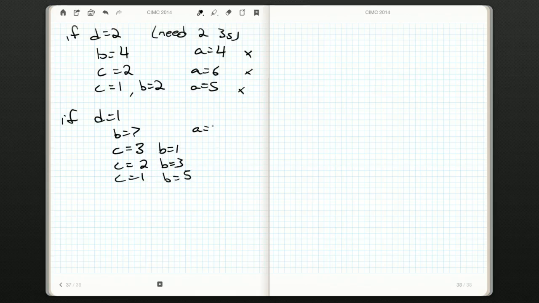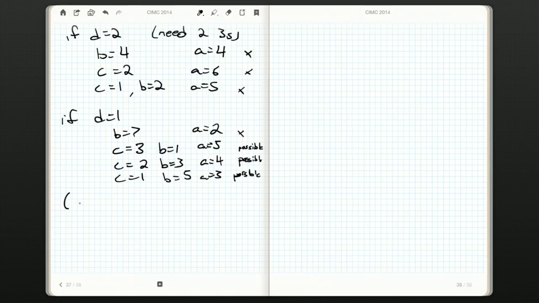A would have to be 2. That's a no-go. A would have to be 5. So that one's possible. A would have to be 4. That's possible, and here A would be equal to 3. So we have lots of possibilities.